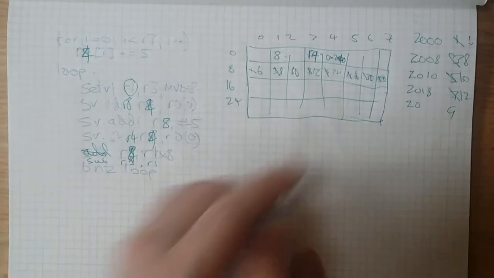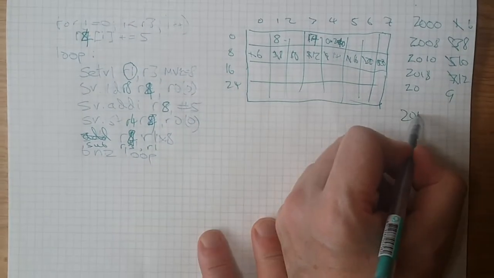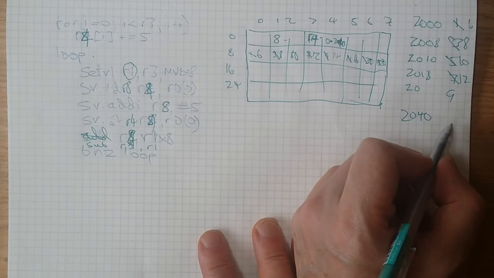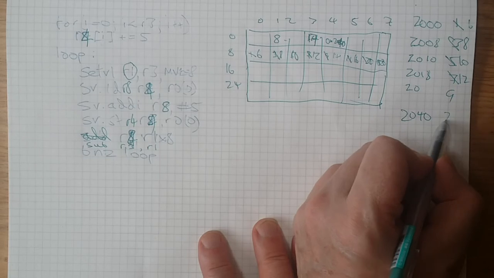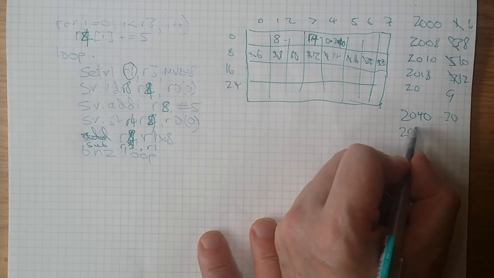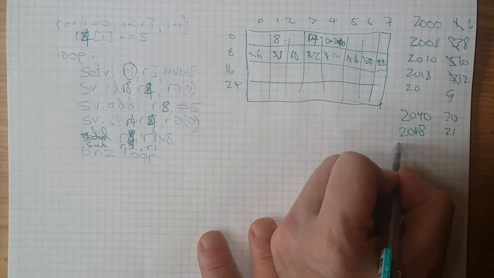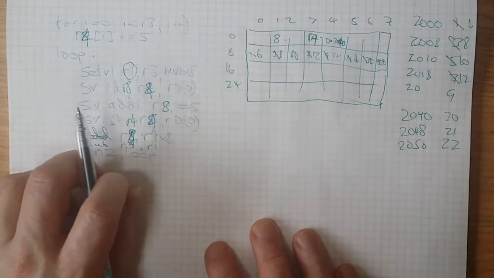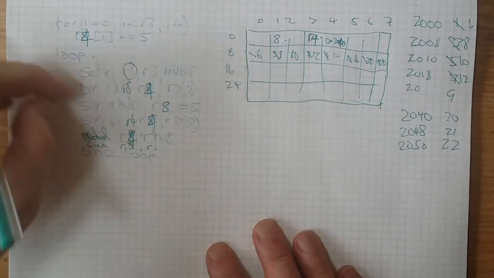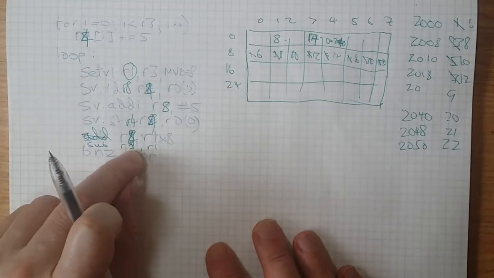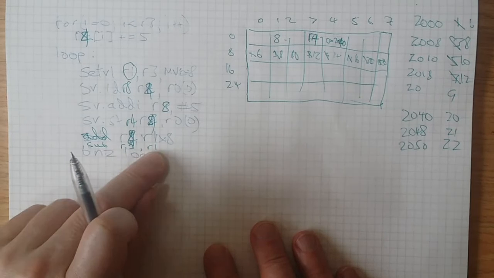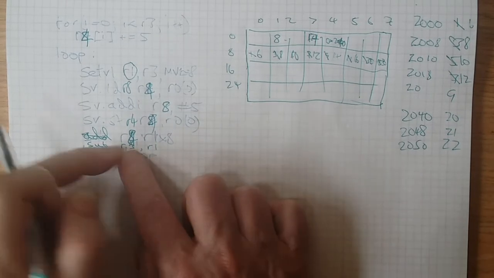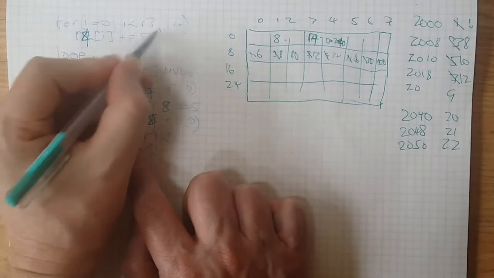Let's say this is 2048 with 21, and 2050 with 22. Then R1 gets subtracted from R3, which is our count variable from the original C code.